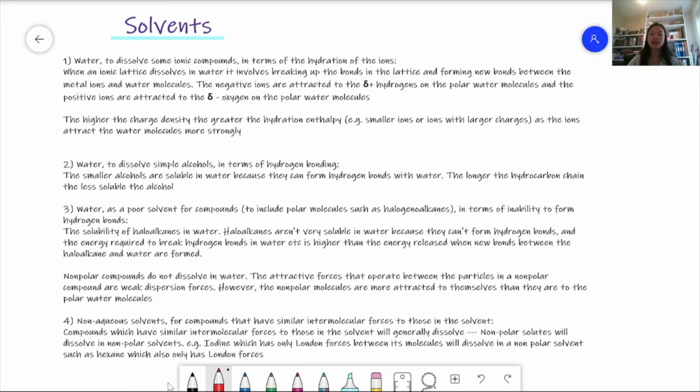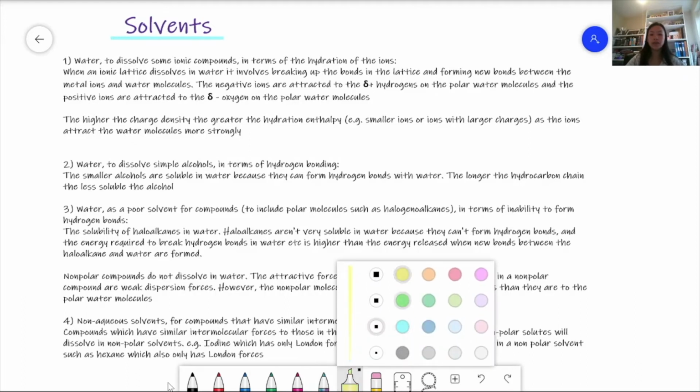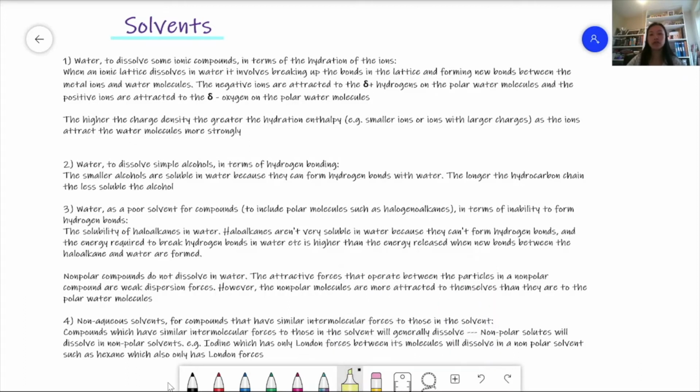So now we need to look at choosing solvents. So the first one is water to dissolve ionic compounds in terms of the hydration of the ions. So when an ionic lattice dissolves in water, it involves breaking up the bonds in the lattice and forming new bonds between the metal ions and the water molecules.